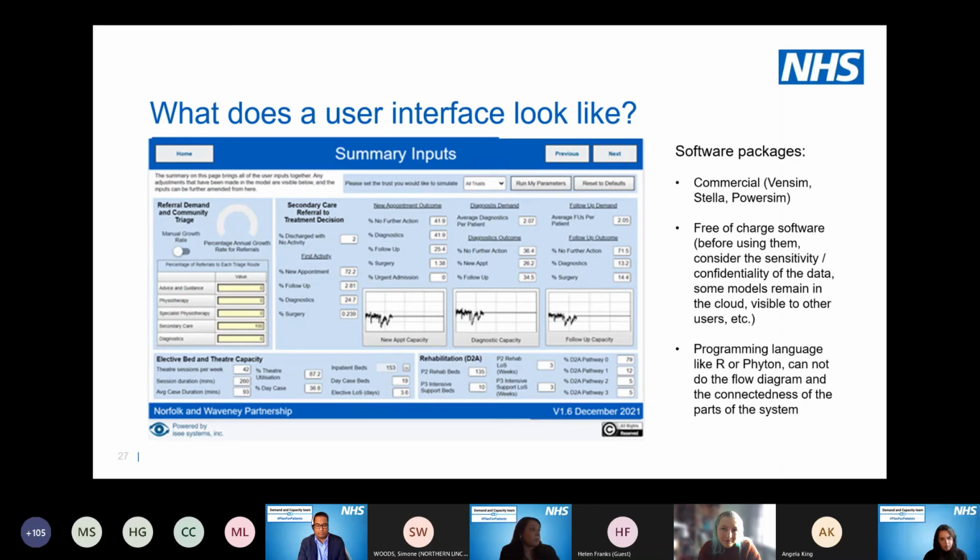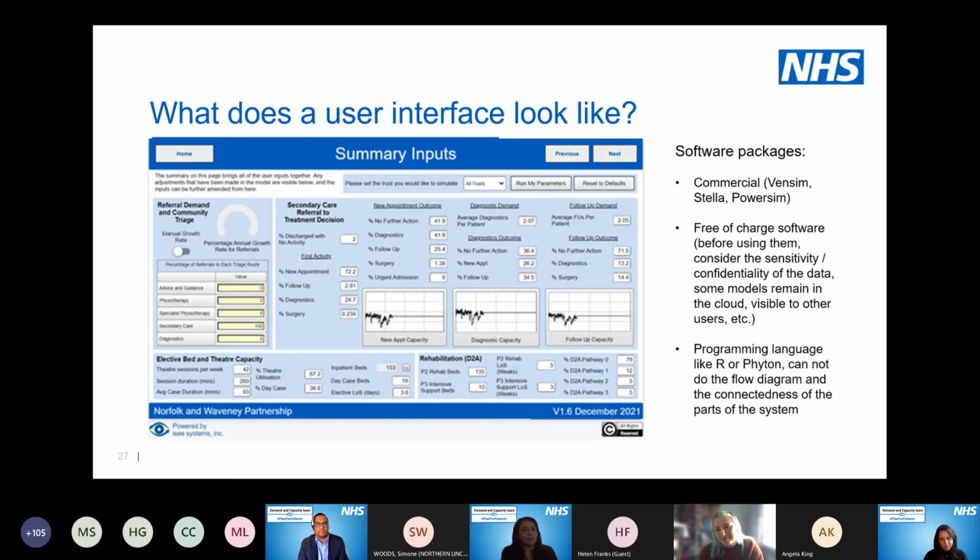And some people, like Stacey, have tried doing system dynamics using R or Python. You may get the same outputs, but you don't get the visual. You don't get the pathway in one screen. And that's one of the benefits of helping decision makers to have that conversation: seeing the pathway in there, seeing how the things connect together, how social care is connected to primary care, and how the decisions that are made in secondary care are affecting services in the community.